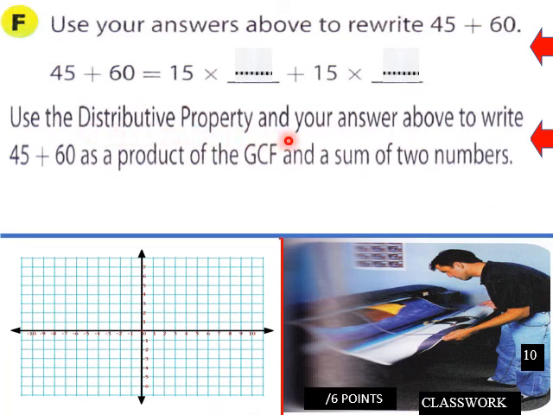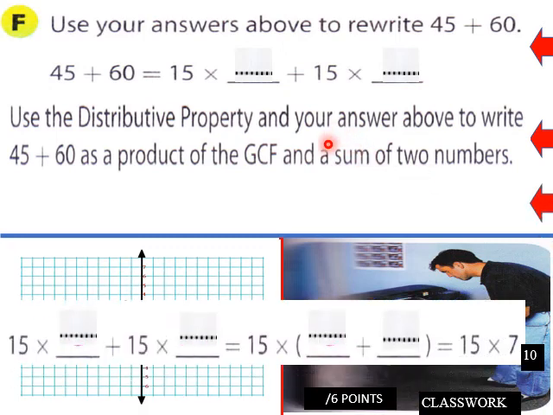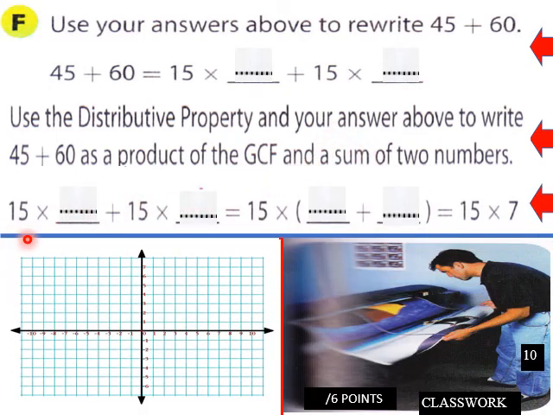Use the distributive property in your answer above to write 45 plus 60 as a product of the GCF and a sum of two numbers. So that's pretty cool. If you do that, you have 15 times what plus 15 times what equals 15 times something plus something, and that would equal 15 times 7, which equals 105.